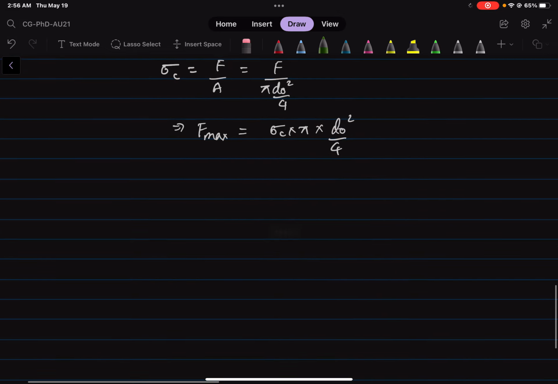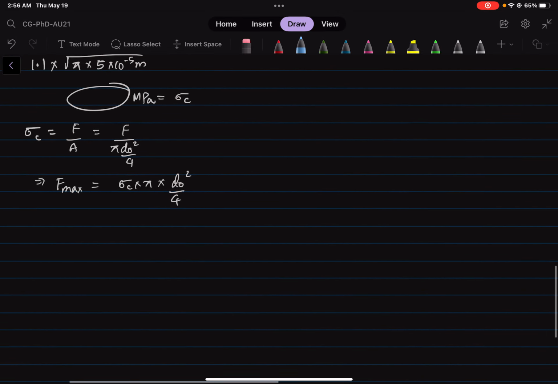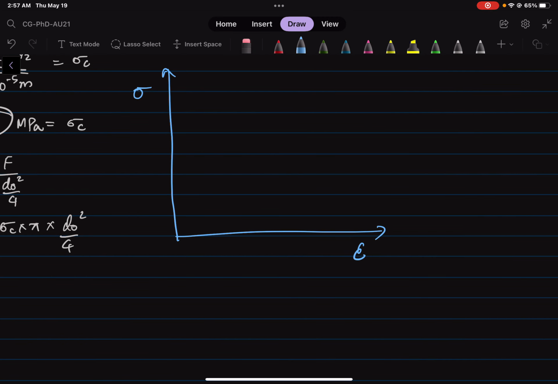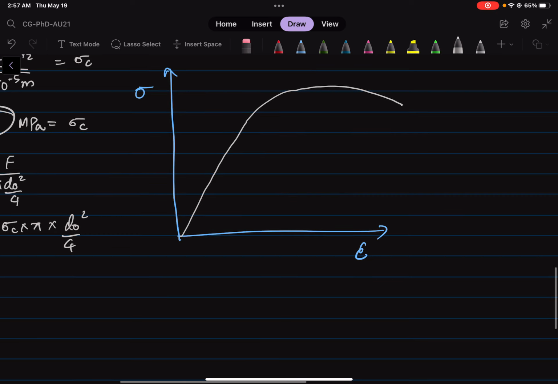So let's try to draw a stress strain diagram real quick. This is sigma, this is epsilon. In a stress strain diagram, generally you will have a curve looking like this. So I'll just mark quickly the points. This is the proportional limit, this is the yield strength, this is the tensile strength, and this is the rupture or the fracture.